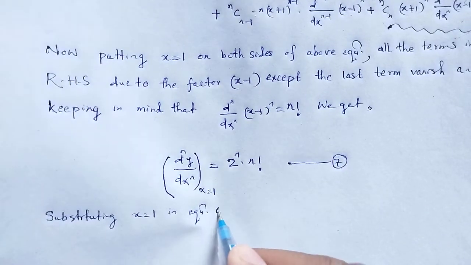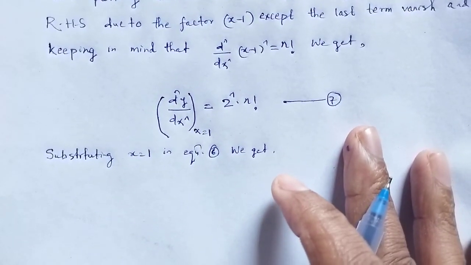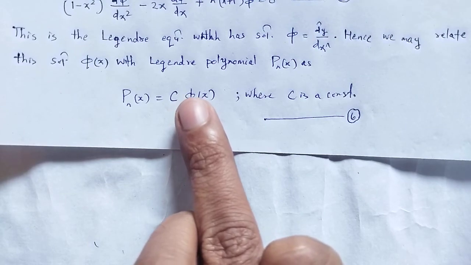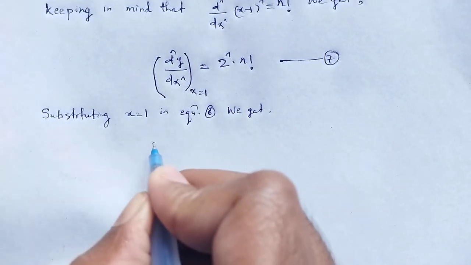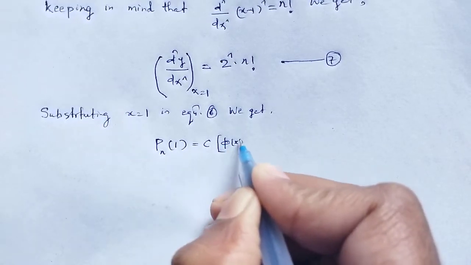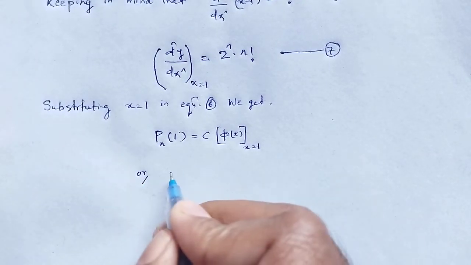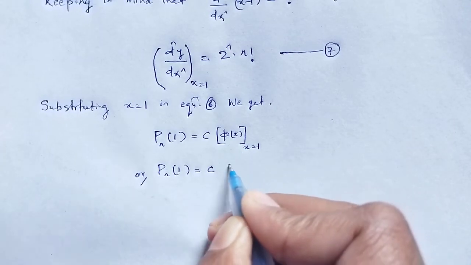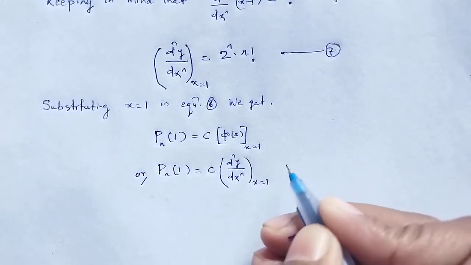Substituting x is equal to 1 in equation 6, we get Pn of 1 is equal to C phi of x at 1, that is C d^ny/dx^n at x is equal to 1.